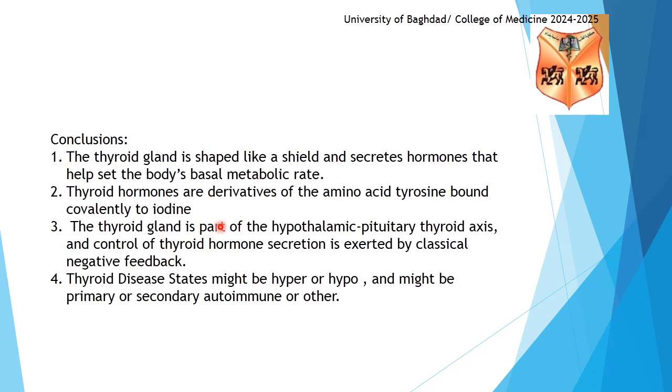Thyroid gland is a part of the hypothalamic pituitary thyroid axis, and control of the thyroid hormone secretion is exerted by the classical negative feedback. Thyroid disease state may be hyper or hypo and might be primary or secondary, autoimmune or other.